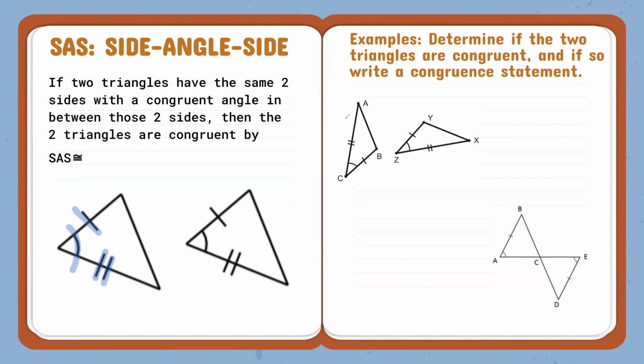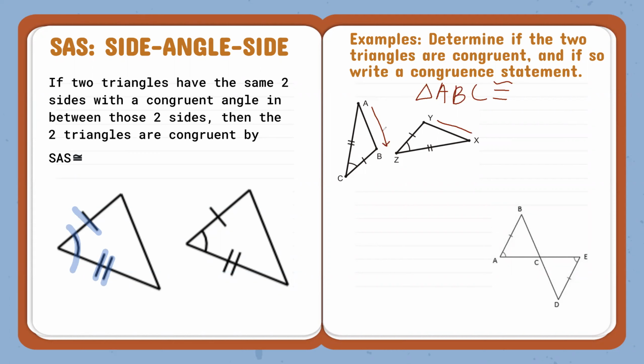So let's go ahead and determine if these triangles are congruent, and if triangle ABC is congruent to, I went from A to B. Looks like there's no tick mark, so I'm going to find my side with a tick mark. I'm not going to go Y to X. That's what I was thinking.